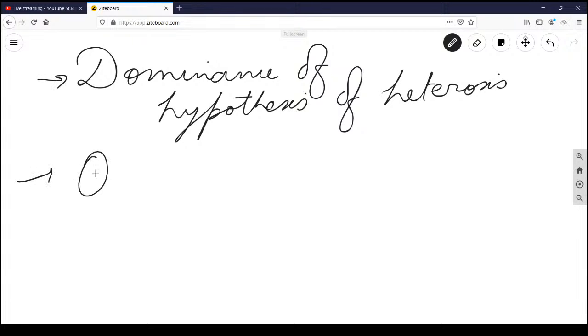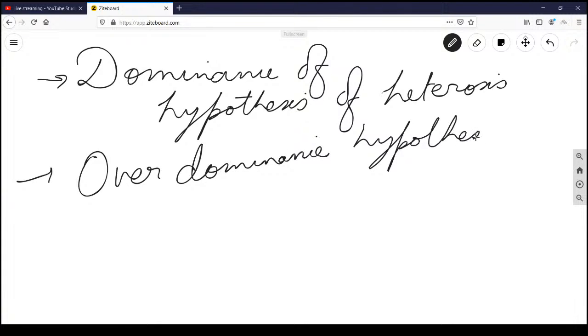The dominance hypothesis holds that increased vigor and size in a hybrid is due to the combination of favorable growth genes by crossing two inbred ones. It is the interaction of dominant factors, a polygenic effect of the dominant genes.